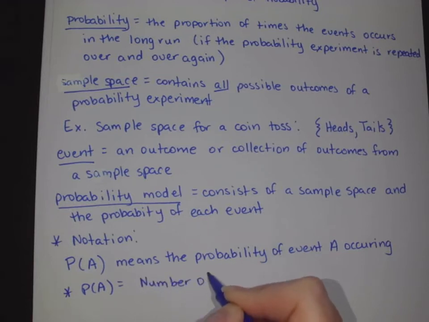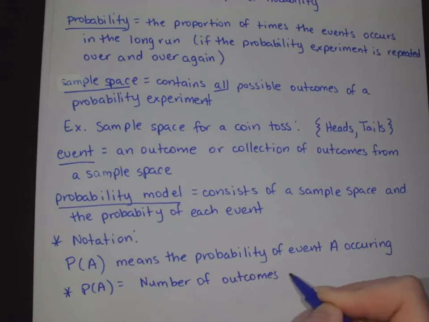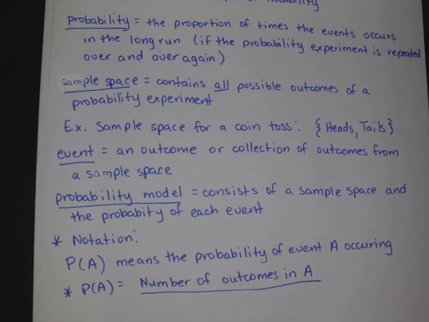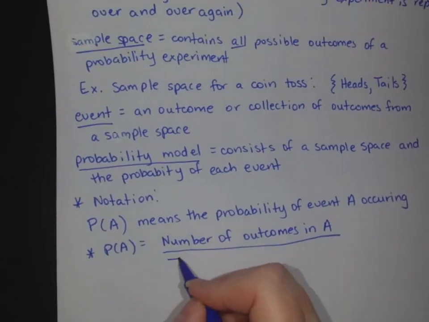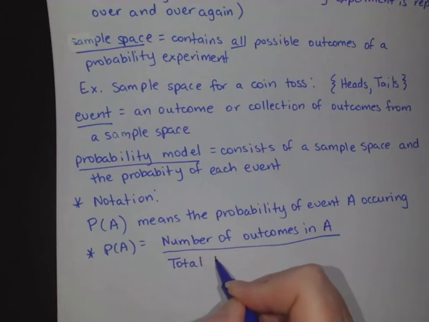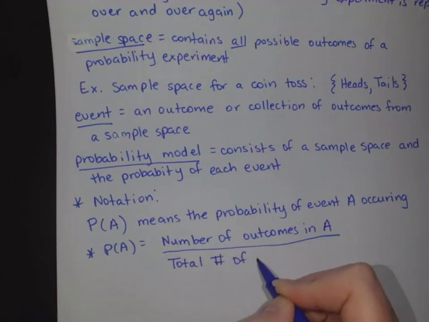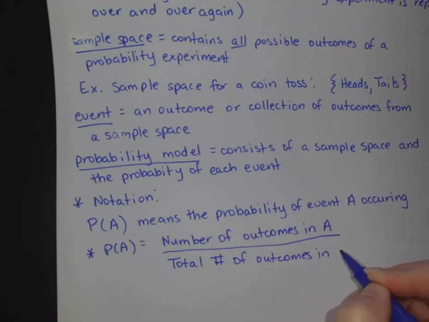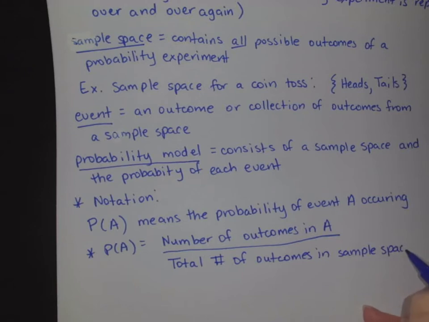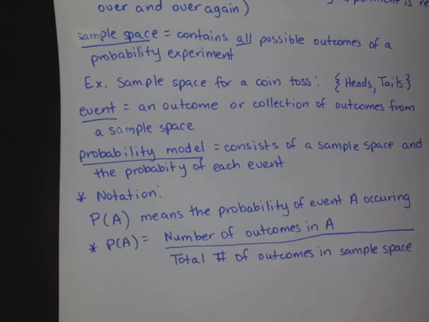In its basic form, it's just the number of outcomes of the event A. In other words, you count how many occurrences there are of what you want to happen, and you put that over the total number of outcomes in the sample space. So it's simply a fraction, which of course can be changed to a decimal.